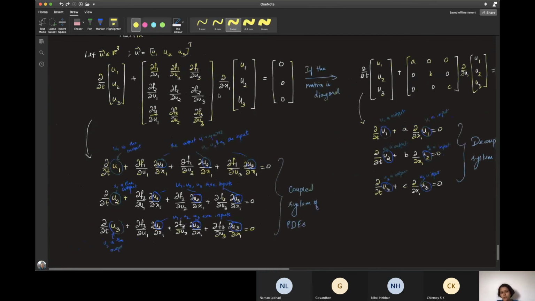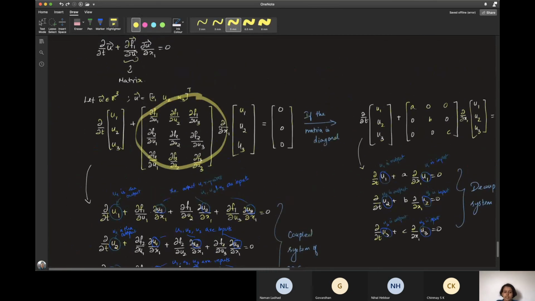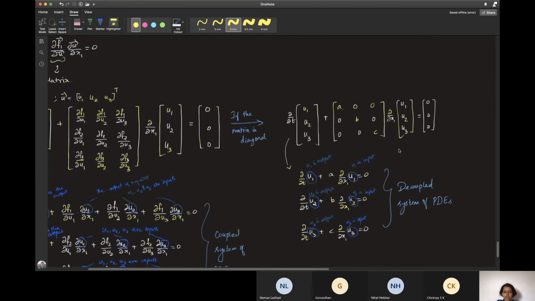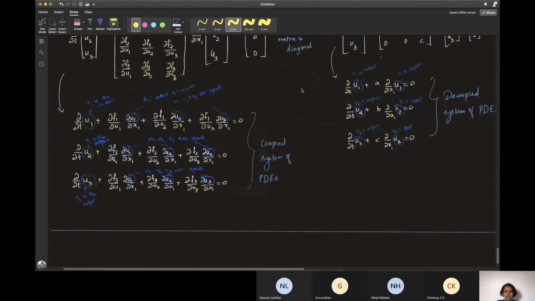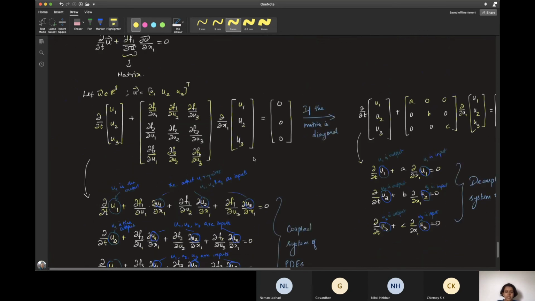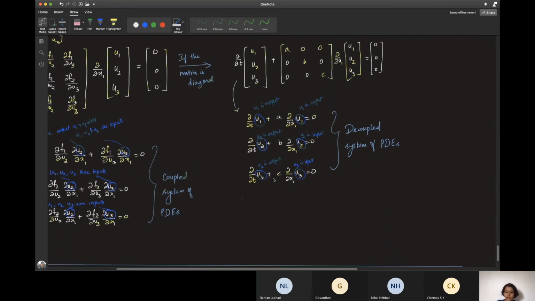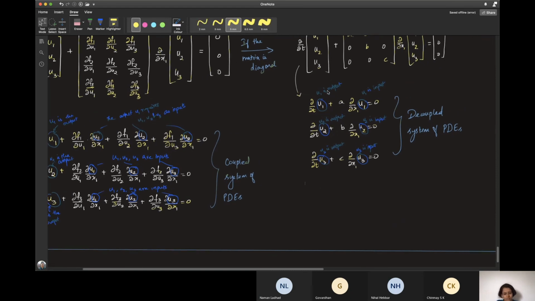So if it's possible for us to convert this matrix into a diagonal matrix somehow, then it's always easy for us to solve this full system of PDEs based on the theory developed for 1D scalar, not just 1D, any general scalar conservation laws.